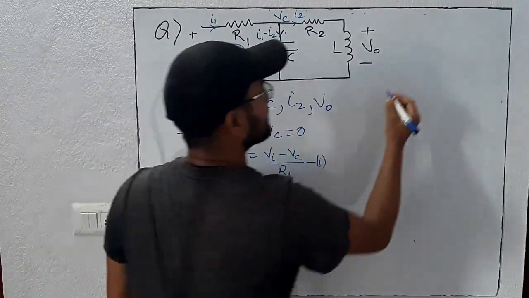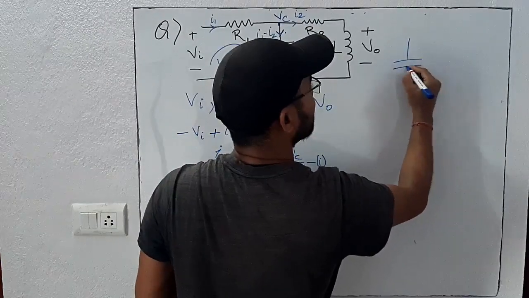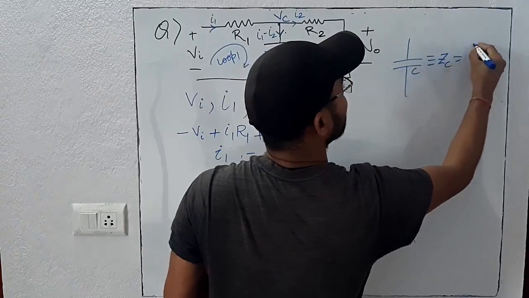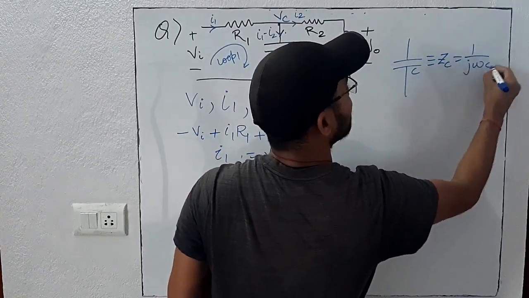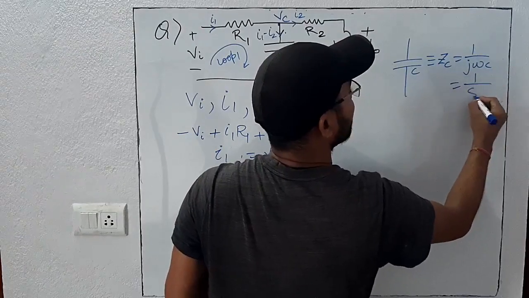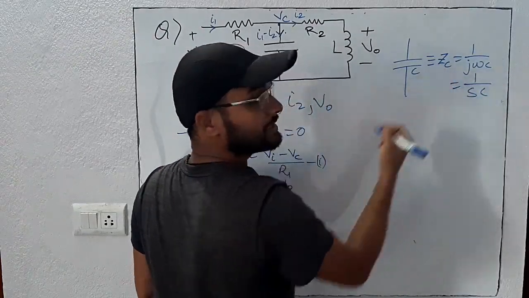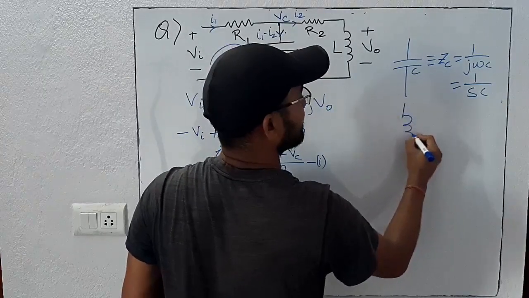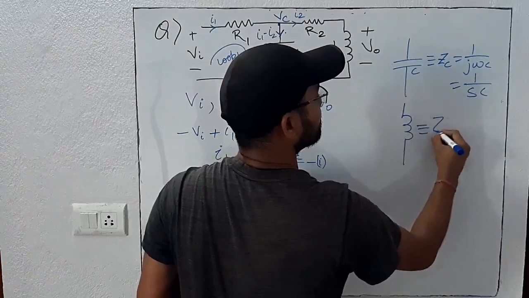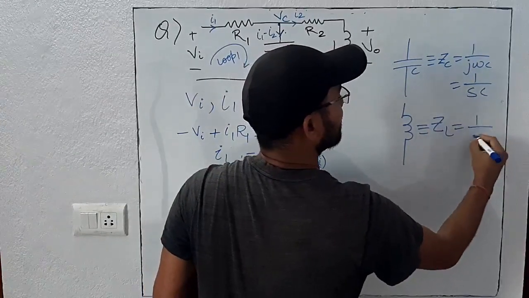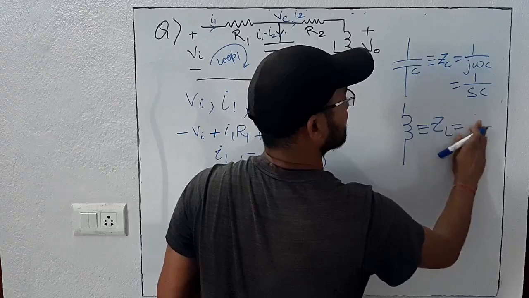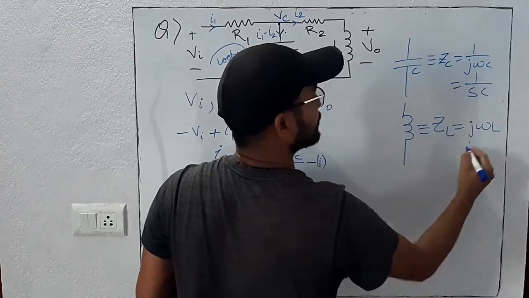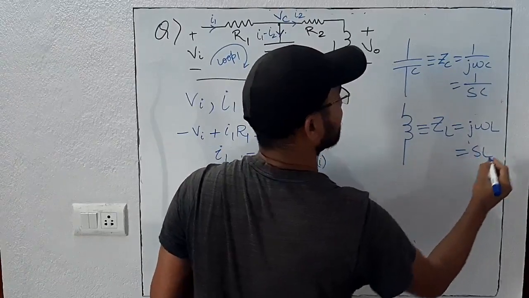First of all, I will tell you that for any capacitor, its impedance is Zc equal to 1 by j omega C, that is equal to 1 by sC. You will read this concept in network or analog theory. And for an inductor, sorry, the impedance ZL is directly j omega L, and we can write j omega as s, so it will be sL.